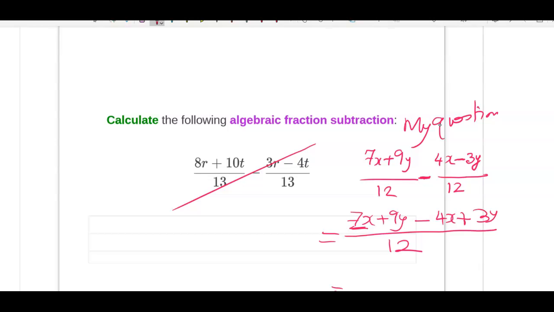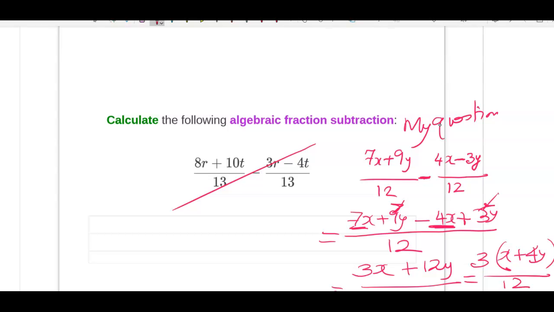And 7x minus 4x gives you 3x plus 9y and 3y gives you 12y, and then divided by 12, nice and easy, factor 3, x plus 4y over 12, and then cancellations, that gives you x plus 4y over 4. Nice and easy.